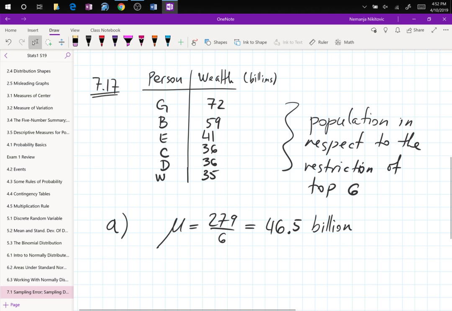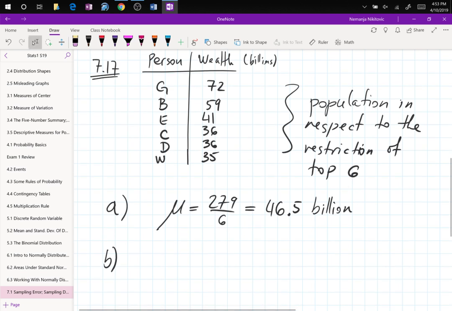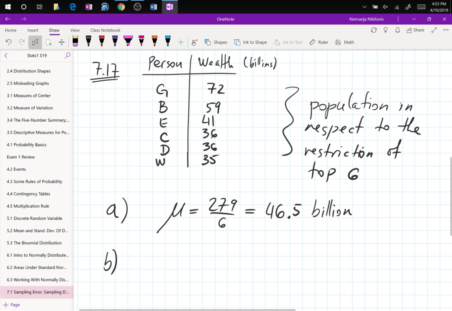For sample size 2, construct the table similar to the table on page 310. Okay, so part B, and this is what we are learning now. Please pay attention. They want us to create the table of all samples of size 2. All samples of size 2.